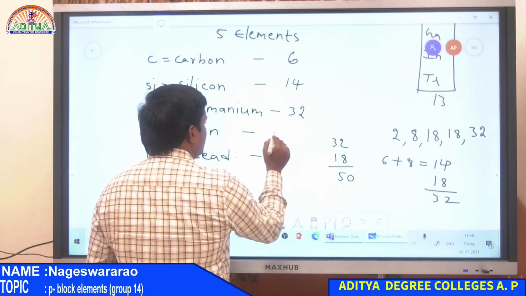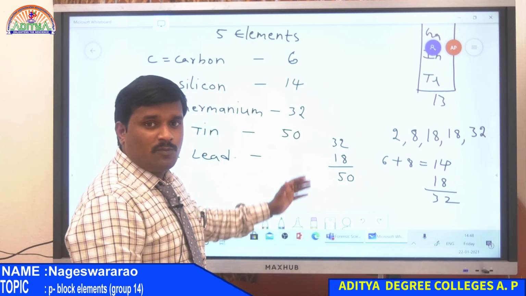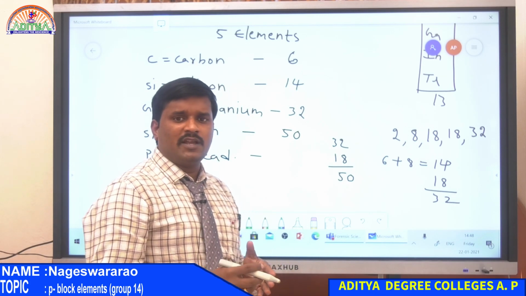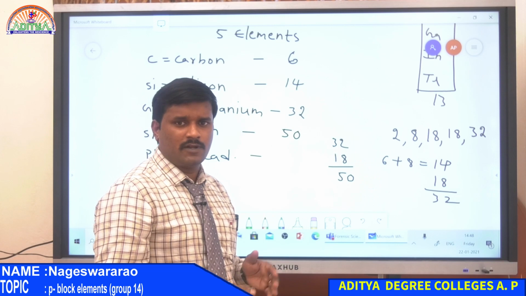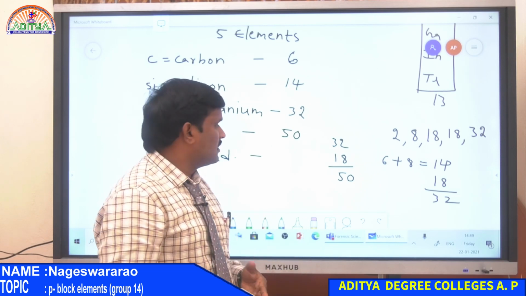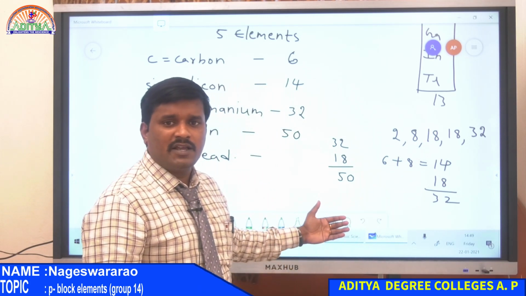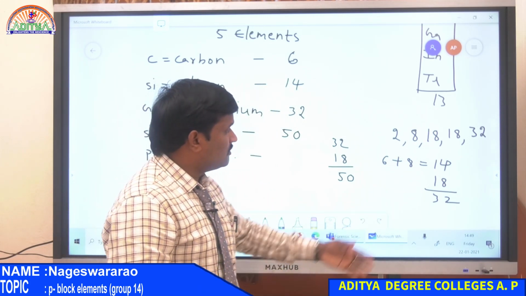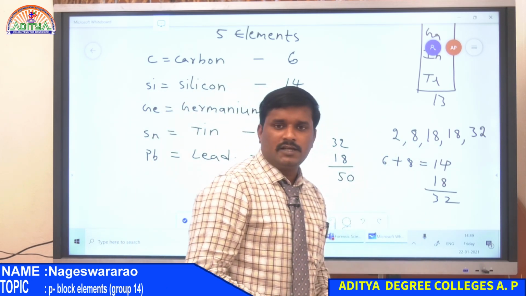Therefore for tin the atomic number is 50. So no need to memorize all these atomic numbers. Simply know the atomic numbers of the first and second periods, and then by adding these magic numbers we get the atomic number of any element in the entire periodic table. So these are the magic numbers: 2, 8, 18, 18 and 32.